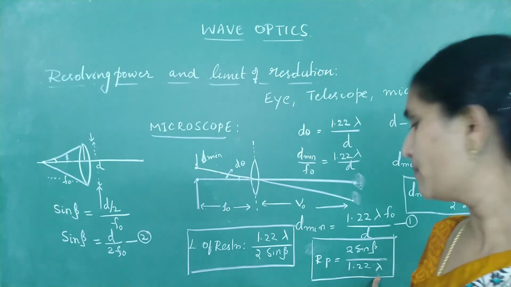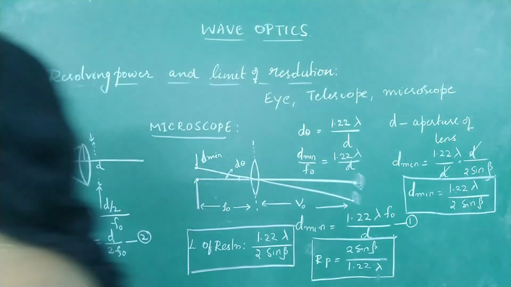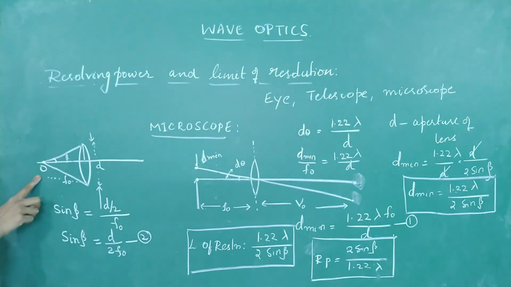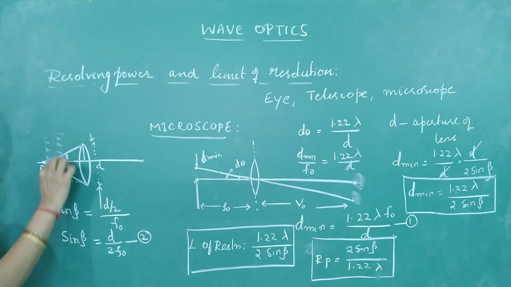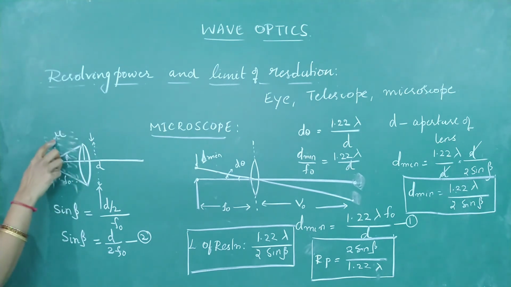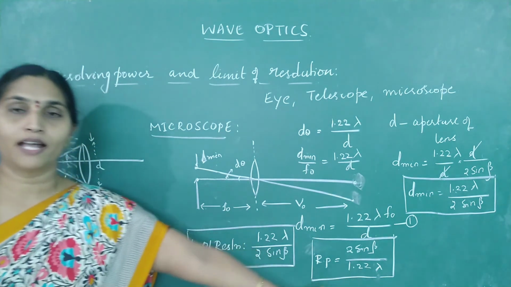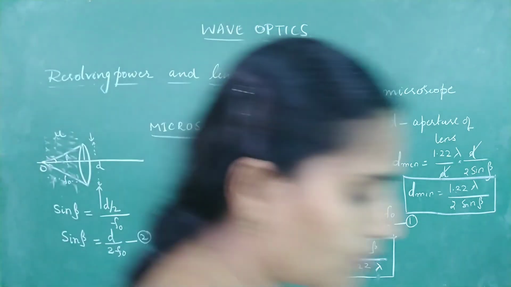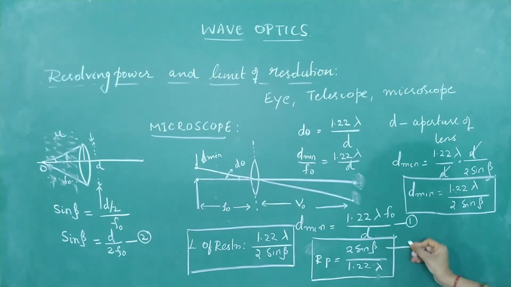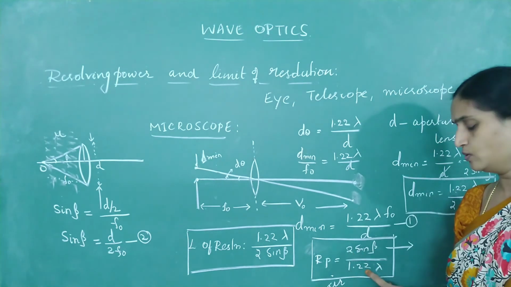So when you are using a microscope, if you want a better resolving power, the region between the object and the objective, we fill it with a transparent medium or a liquid of refractive index mu. If you fill this region with a medium of refractive index mu, then we know wavelength decreases by mu times. If the medium between object and objective is air, then it is 2 sin beta by 1.22 lambda.